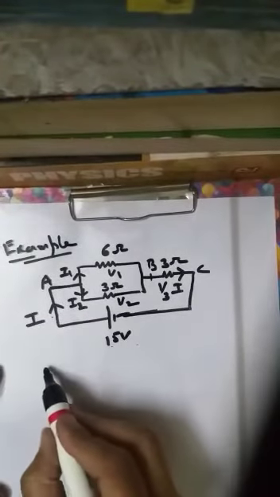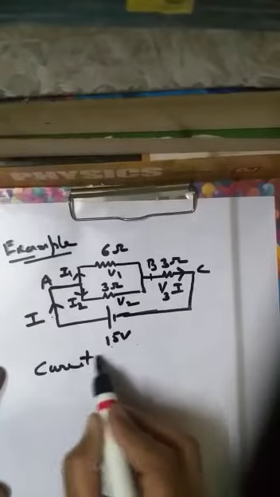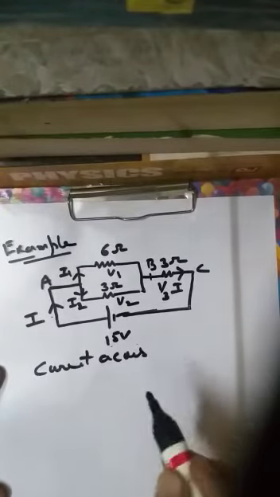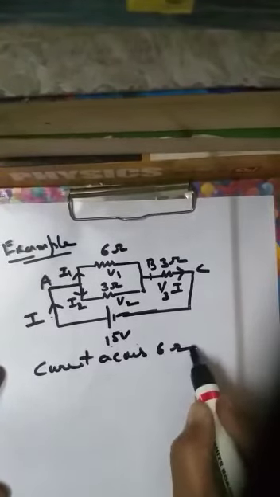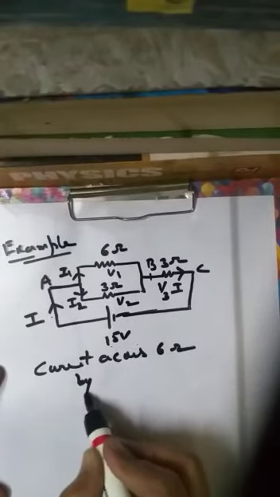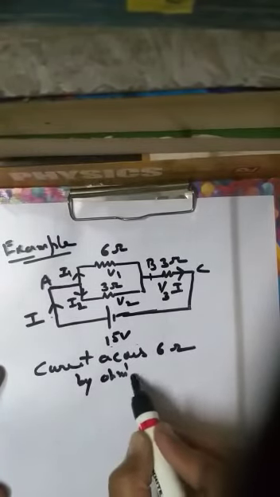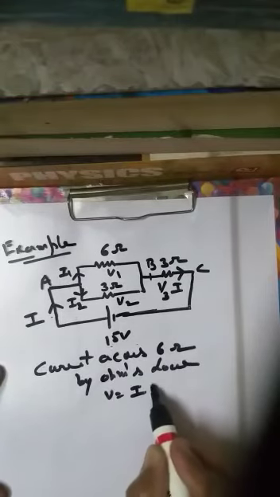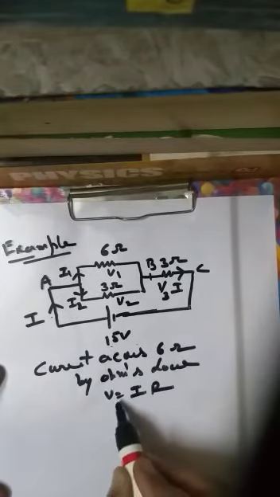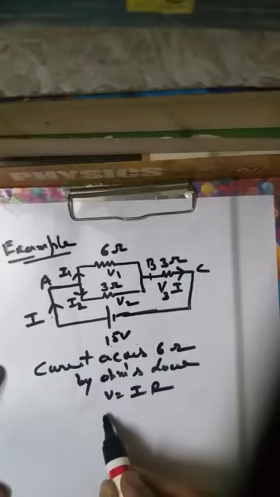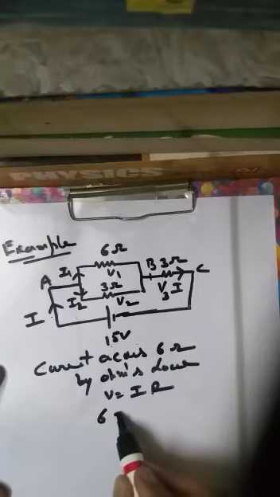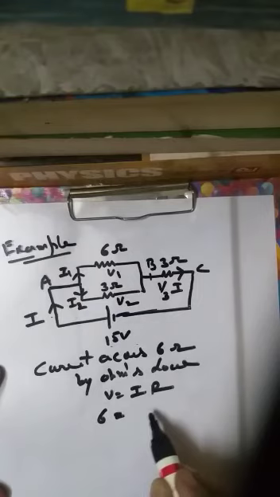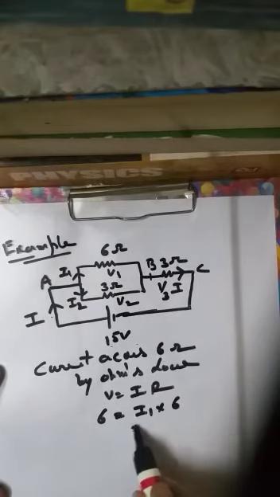Now third step, current across 6 ohm. By Ohm's law, V is equal to IR. Here V is 6. I1 we want to calculate, resistance is 6.